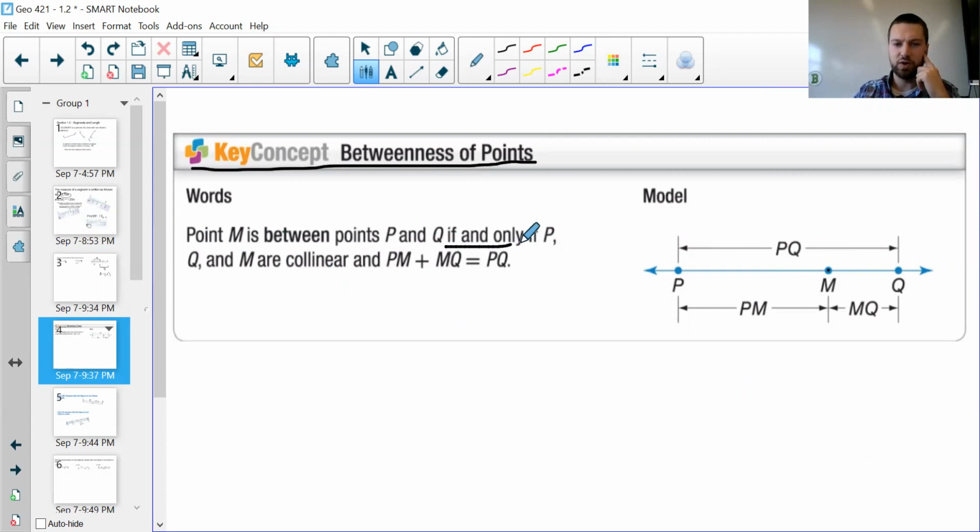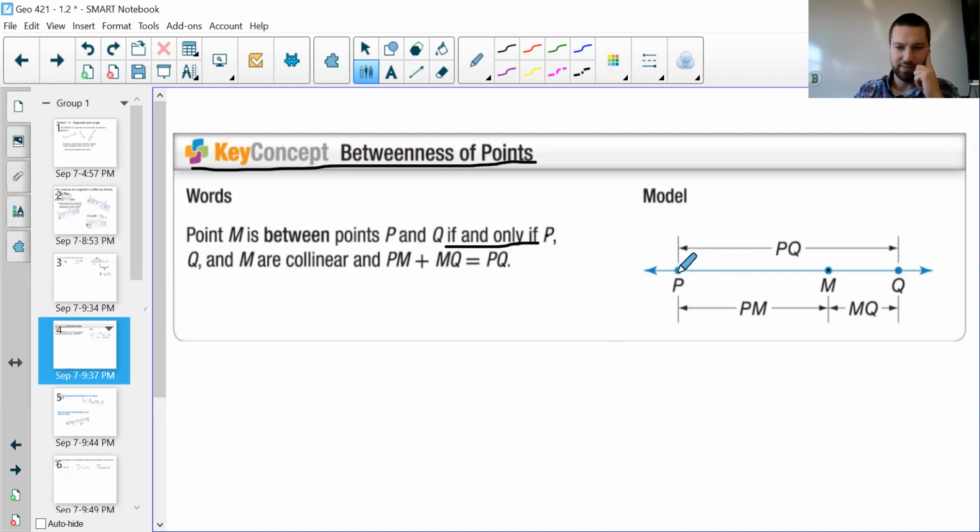Okay, that means only if these requirements are met. If P, Q, and M are collinear, so they need to be on the same line. Remember, that's what collinear means. So point M is between points P and Q if and only if these two conditions are met: P, Q, and M are on the same line, and PM plus MQ equals PQ.